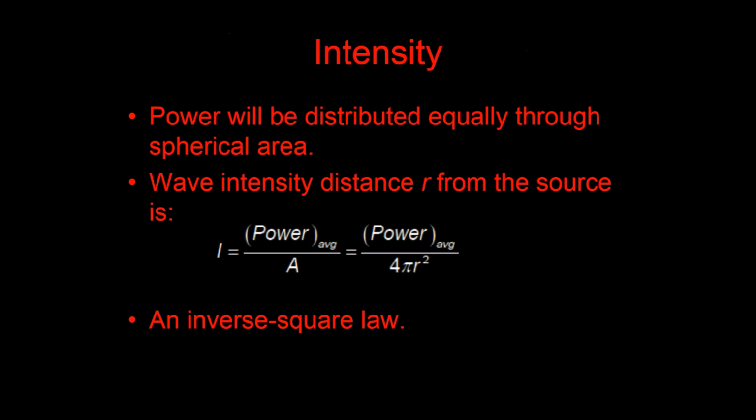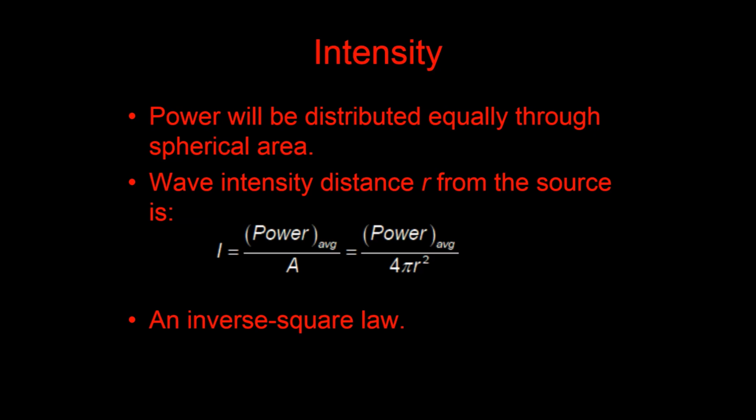So that power will actually be distributed equally over a spherical area. If we're looking at the power of our wave, we have to look at this wave moving through three-dimensional space. That means our wave intensity from a source is essentially going to be the power divided by the area of a sphere, 4 pi r squared.